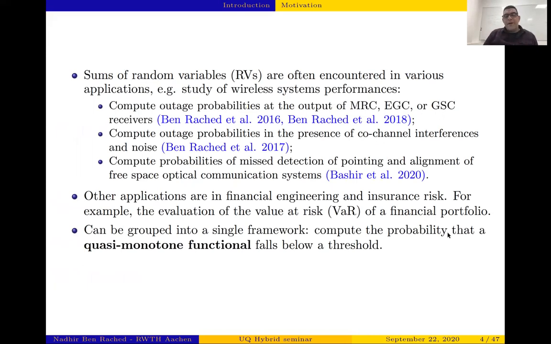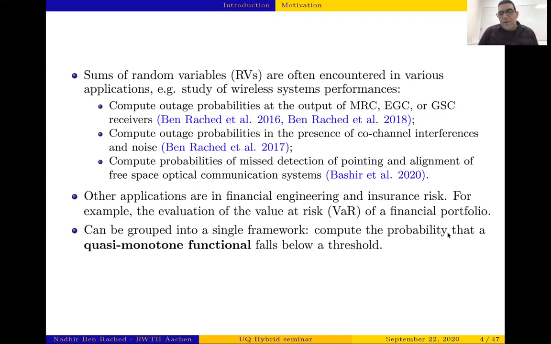So in various applications, we often encounter the problem of efficiently estimating the statistics of sums of random variables, and particularly in the study of wireless communication systems. So the first application is in the computation of outage probabilities. And by outage, we mean that the communication system does not work properly, and the operator needs to do something in order to correct this problem.